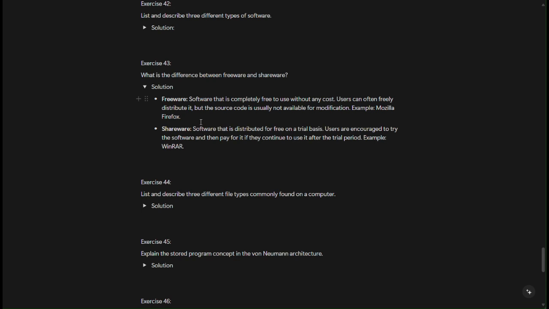Users are encouraged to try the software and then pay for it. The freeware is free without any cost, but for the shareware we need to pay for the software.